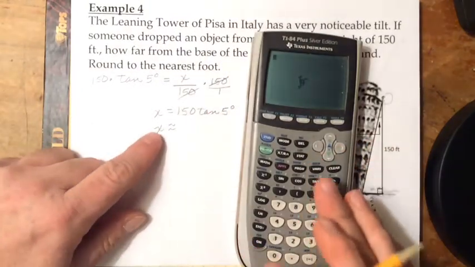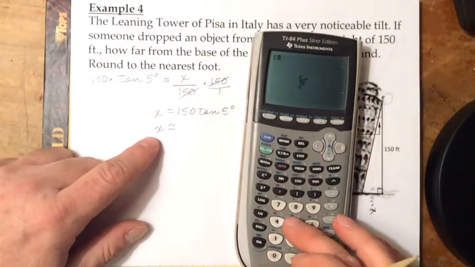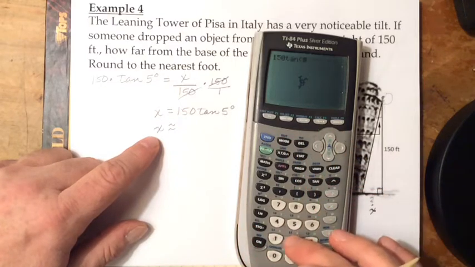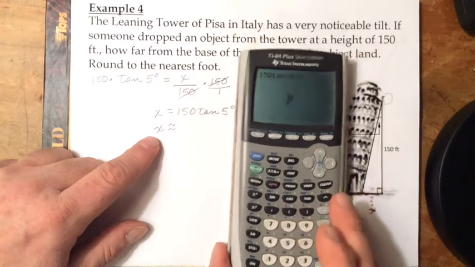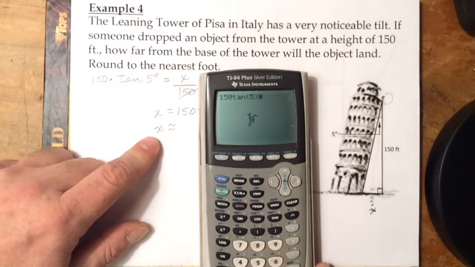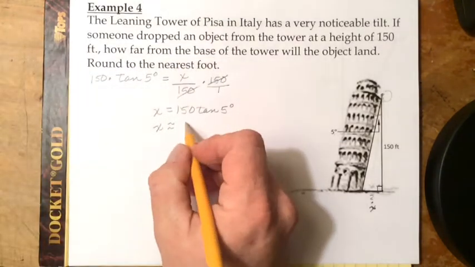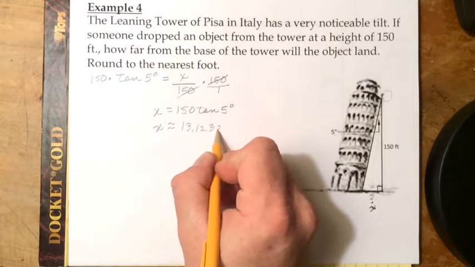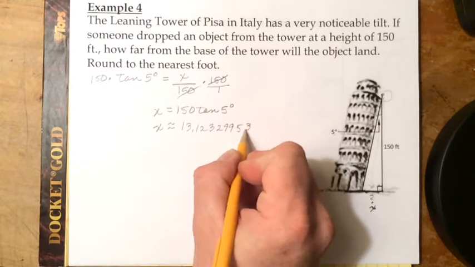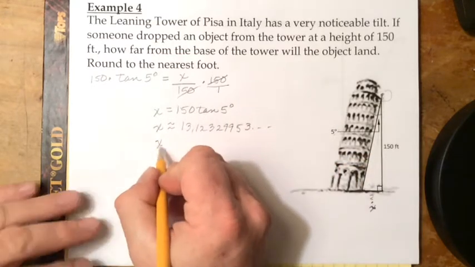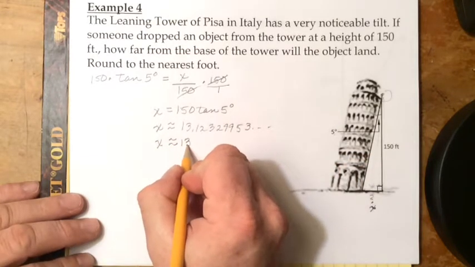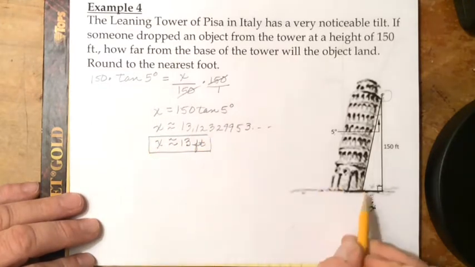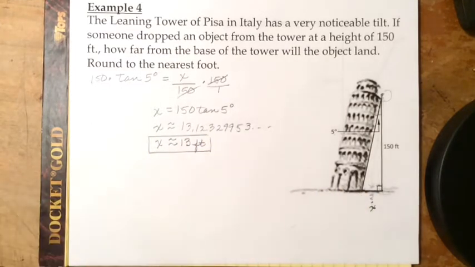Make sure you're in degree mode. We put in 150, tan 5, close parenthesis, just like that, and hit enter. We get about 13.123299953 and so forth. Rounding to the nearest unit, that gives us about 13 feet that the object is going to land away from the base of the Tower of Pisa.